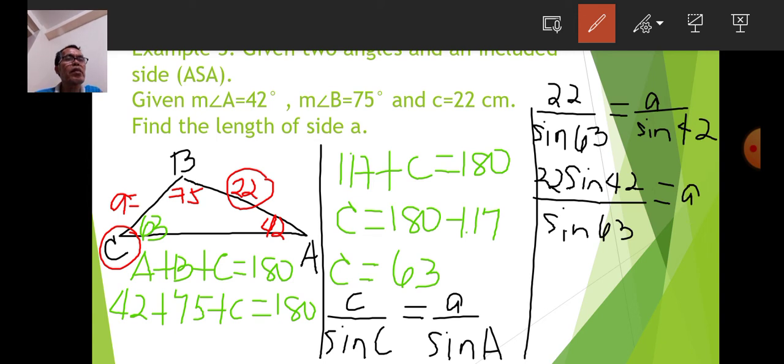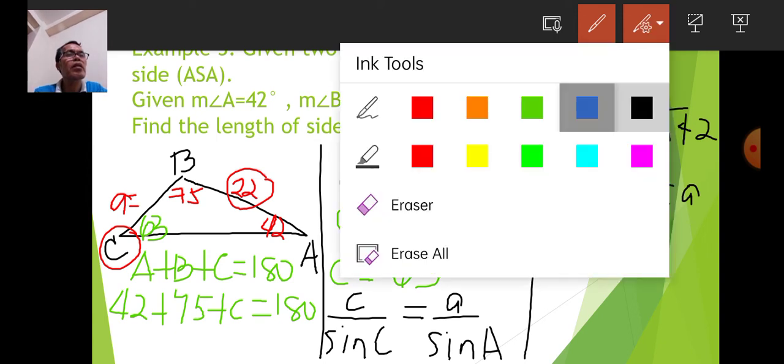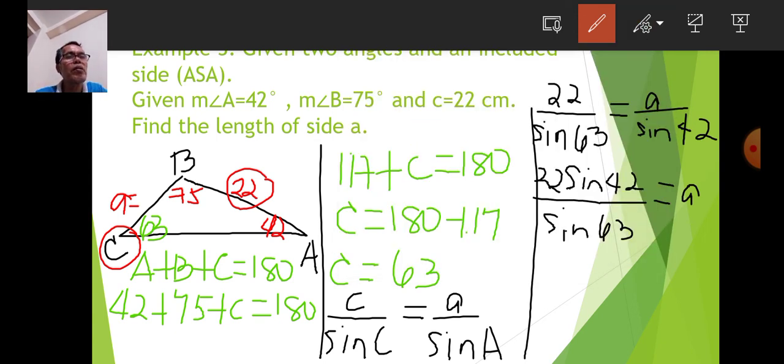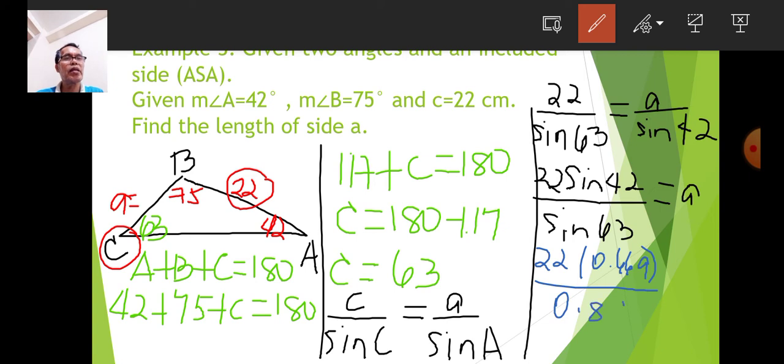So 22 times sine 42, which is 0.669, over sine 63, which is 0.891, must be equal to a.